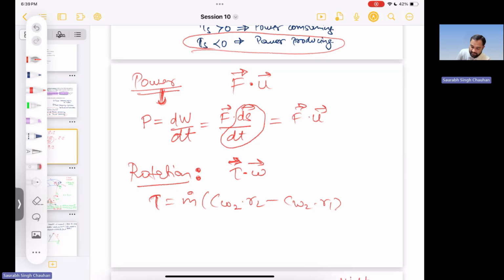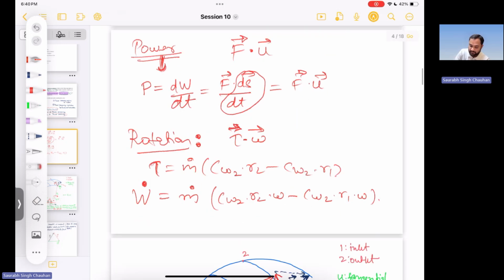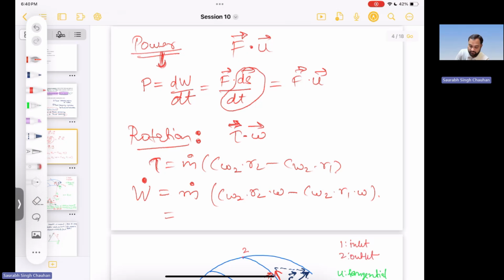If I multiply by omega to get the power, I will write it as W dot, the rate of work done. So we multiply by the angular velocity: CW2 R2 times omega, CW1 R1 times omega. R2 omega is U2, the blade tip velocity at exit. So W dot is mass flow rate times CW2 U2 minus CW1 U1. This is a very important equation.